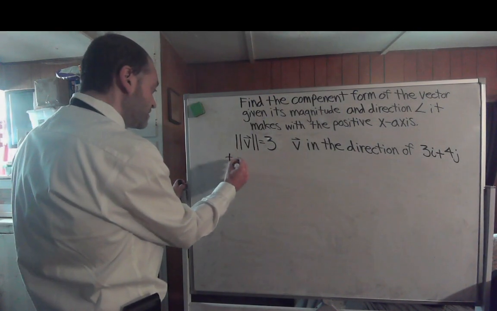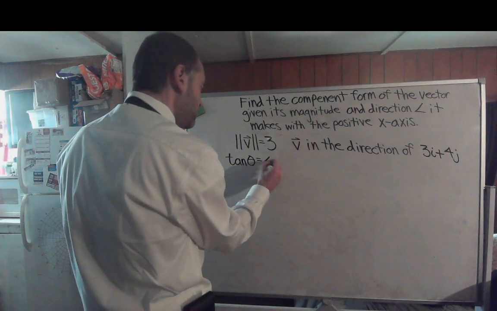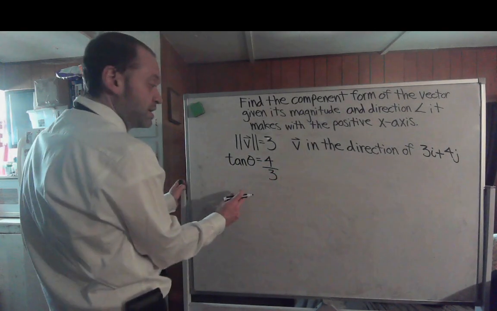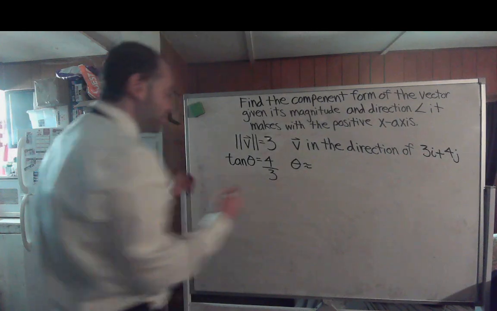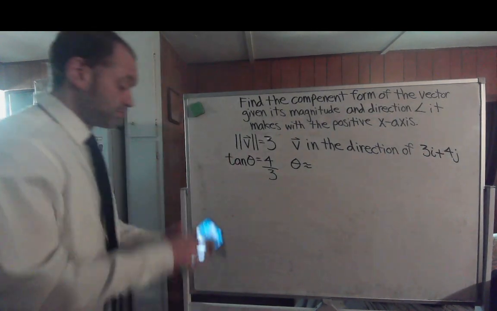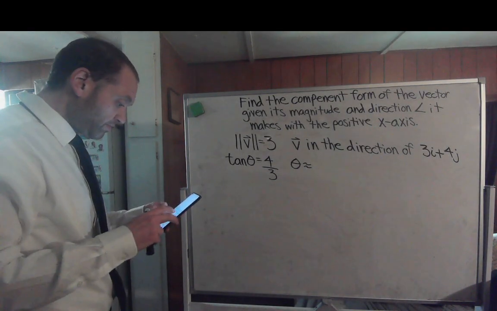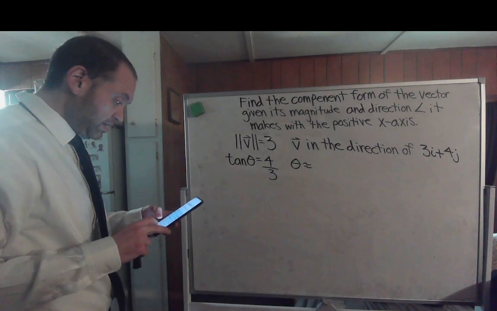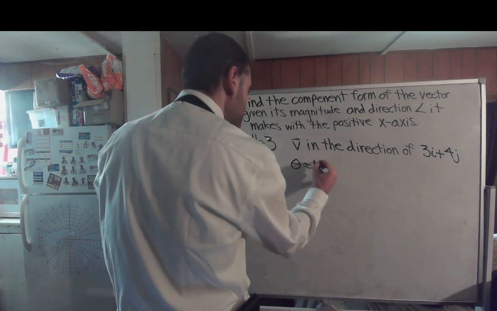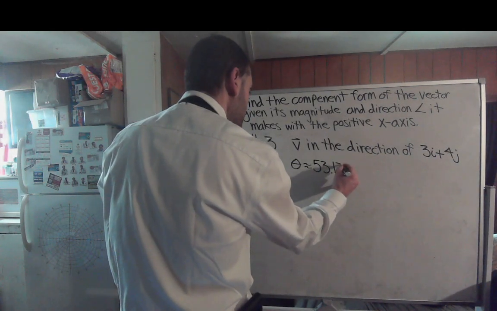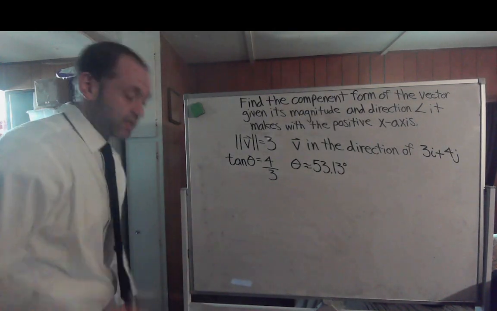So take that tangent of theta, set that equal to your y component of 4 over your x component of 3. So then now to find theta, you'll just take the tangent inverse of 4/3. We should be able to get a 2 decimal place approximation. And you would get about 53.13 degrees. So the direction angle is approximately 53.13 degrees.